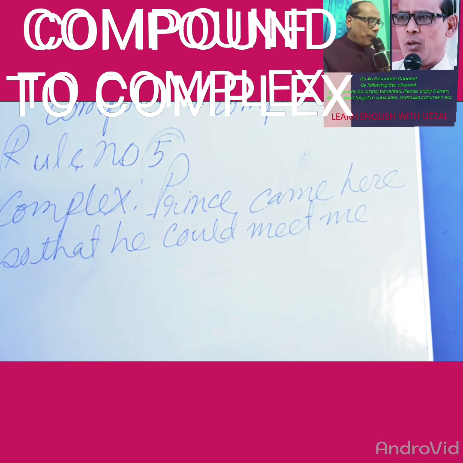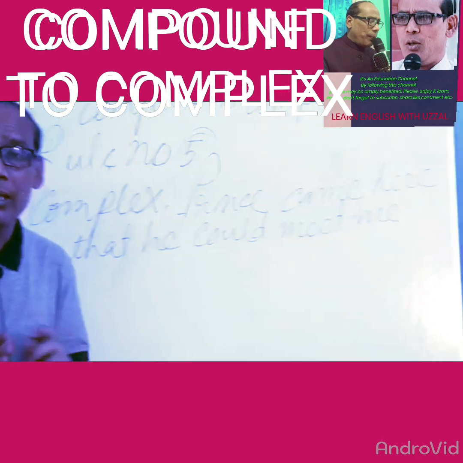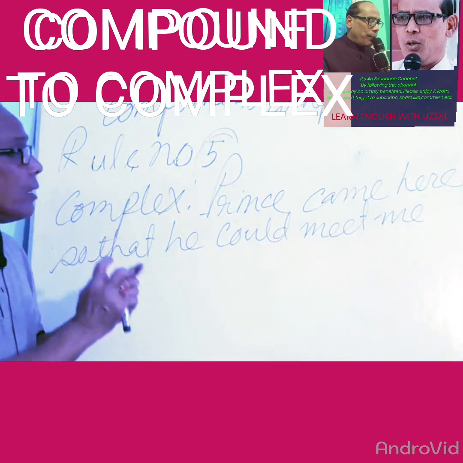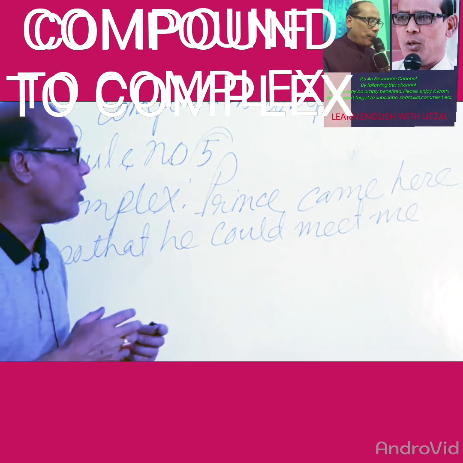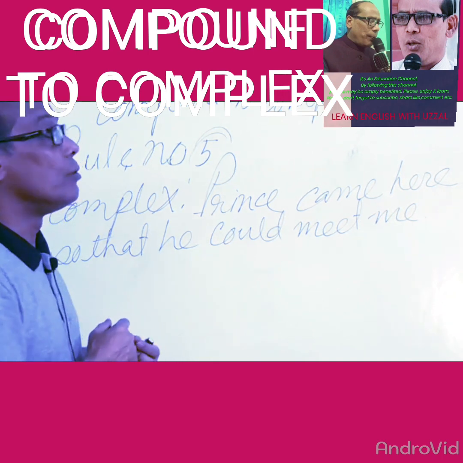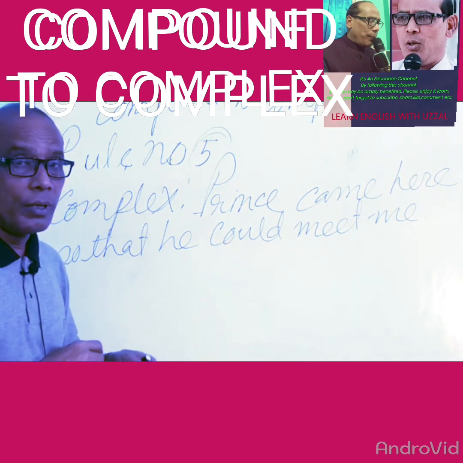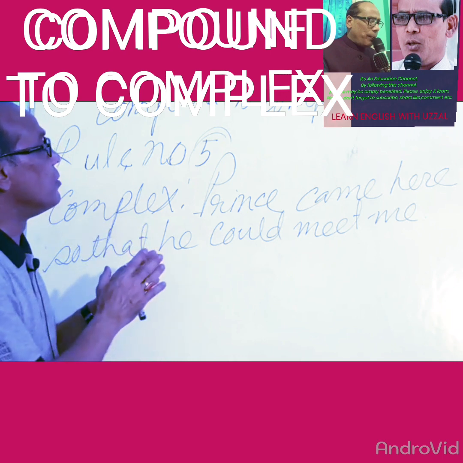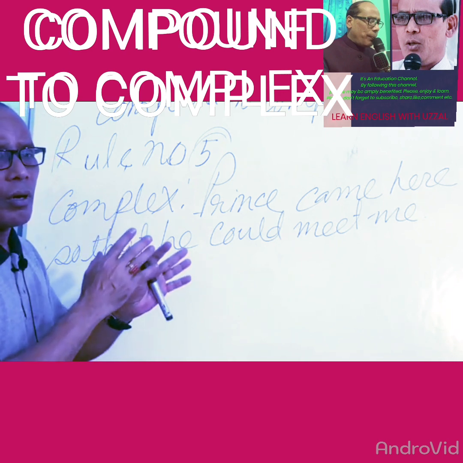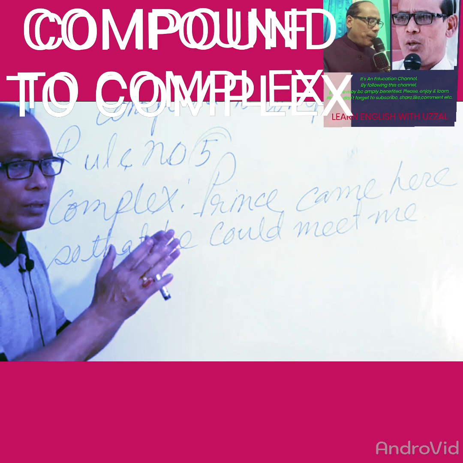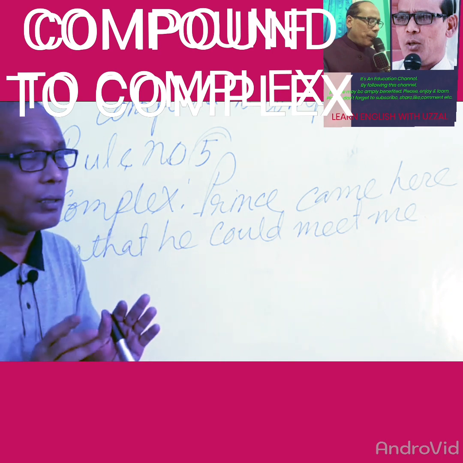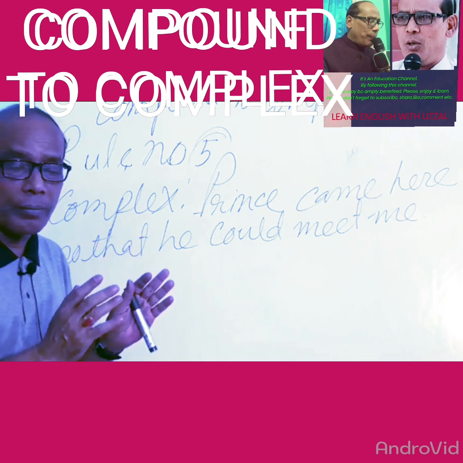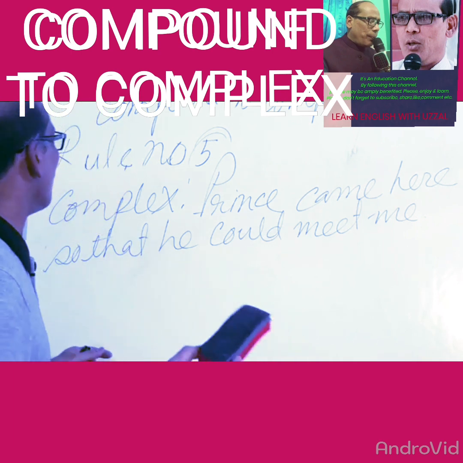But in the case of complex, there is no such system to keep any subject silent or understood. So in the case of a complex sentence, whether the subject is the same or different, you will have to write all the subjects again and again before every verb. So you will have to bear this in your mind.